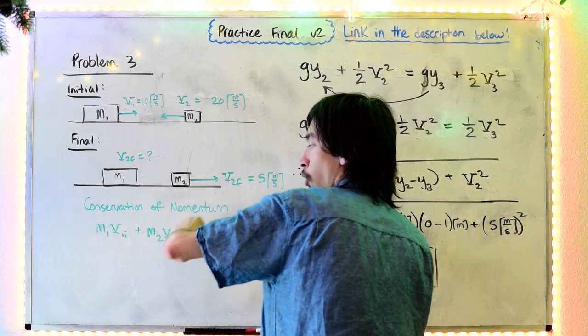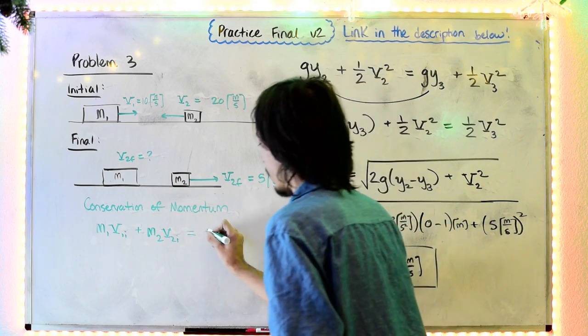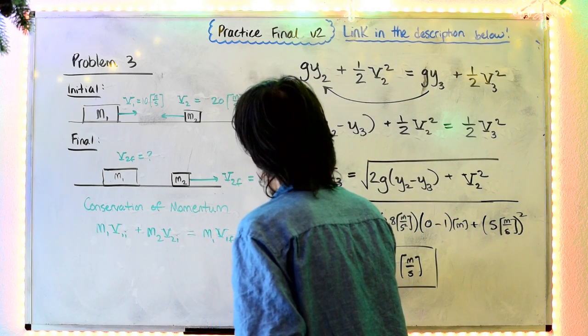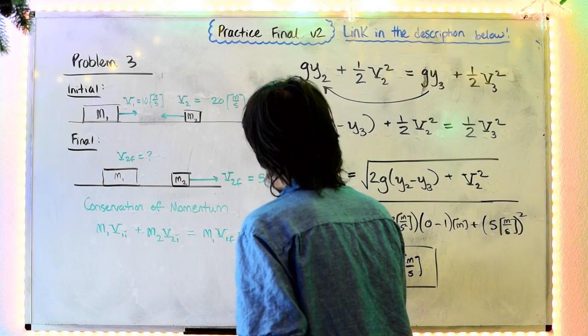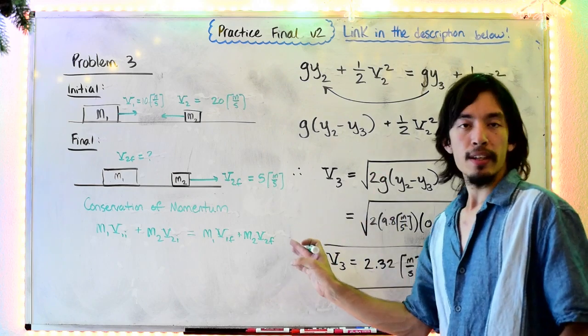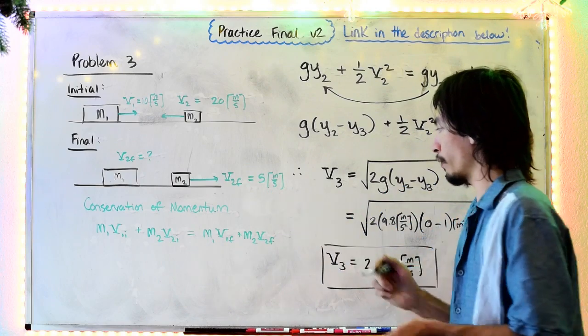That gives us the total momentum of the system initially, and that's going to be equal to the same thing final. So m1 v1 final plus m2 v2 final. Now in this case, nothing is 0, so I can't just cross out anything.